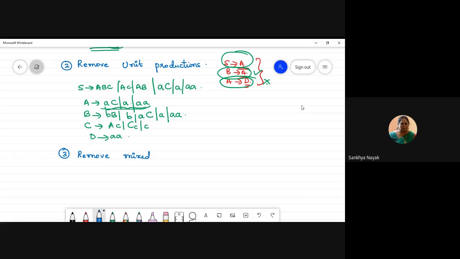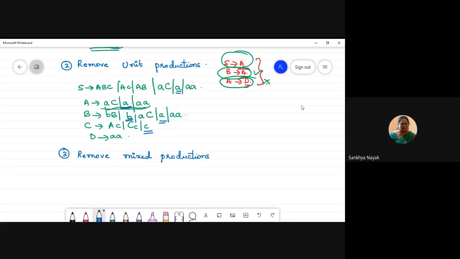Remove mixed productions. So wherever you have a combination of terminals and non-terminals, make them all into non-terminals. Only place where you won't apply that rule is where you have a single terminal. Leave single terminals as they are.